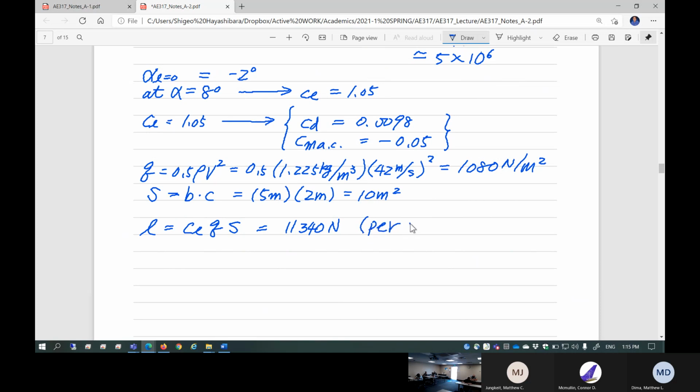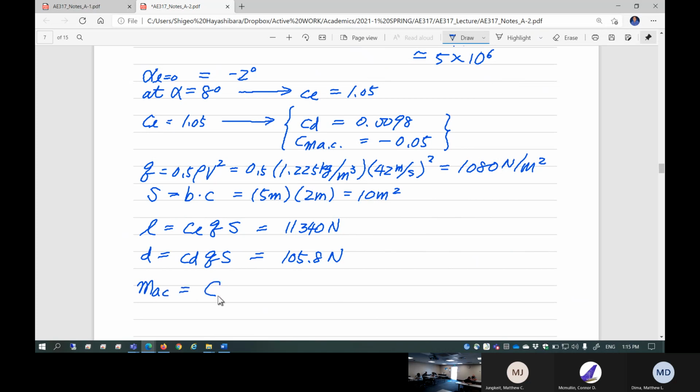Not per unit span, this is the total lift force. Drag is CD Q S. If you plug in the values, you get 105.8 Newton. What is the moment at the aerodynamic center?